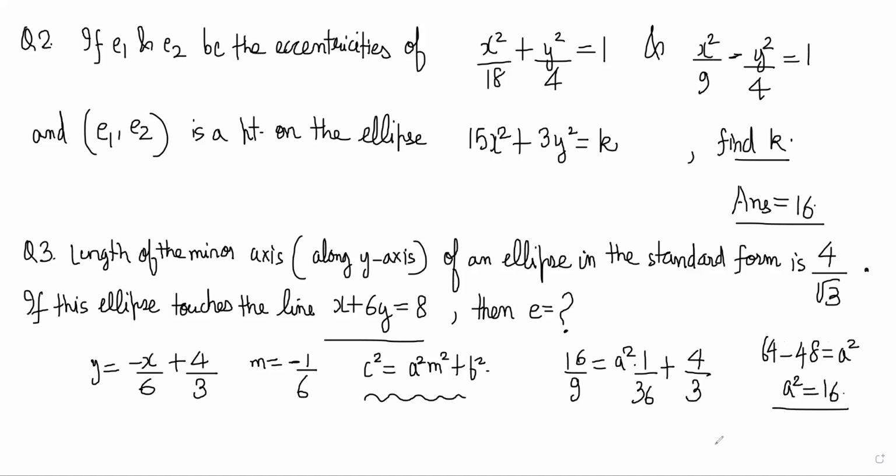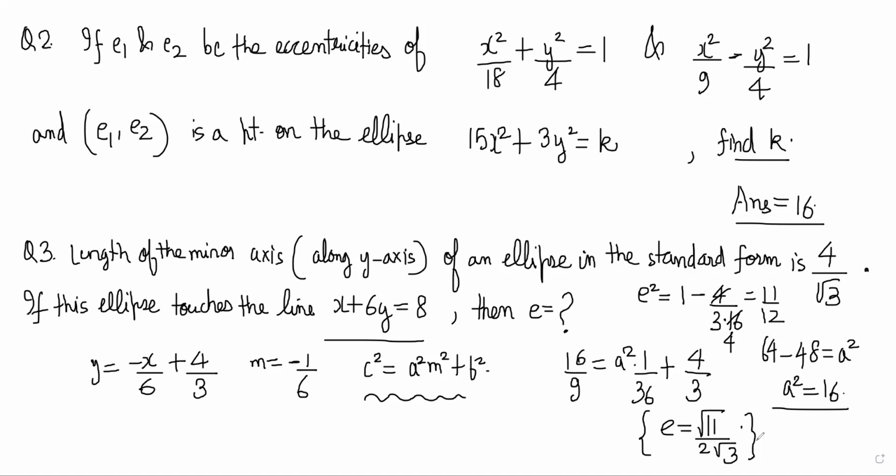A square is 16. So e square is 1 minus b square by a square, which is 1 minus 4 by 3 into 16, so 11 by 12. E is root 11 by 2 root 3. That is your answer. This was also fairly straightforward.